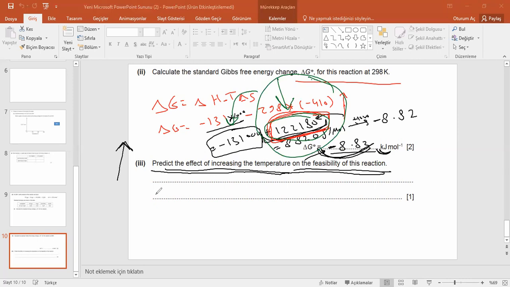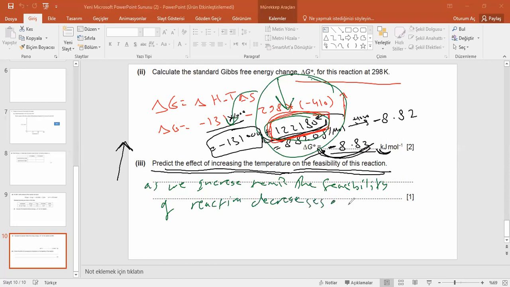So to answer this question, we would say, as we increase temperature, the feasibility of the reaction decreases.